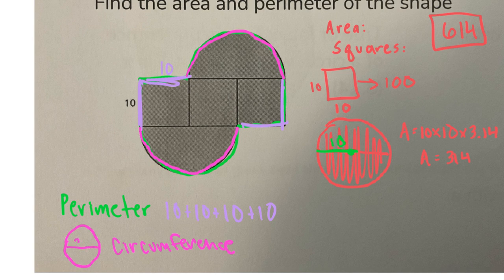If the radius is 10, our diameter is just double that, 20, and we've got 20 times pi. So our total perimeter is the 40 of the squares plus the circumference of the circle, which is 62.8, and that gives us 102.8. There we go. There is the area and the perimeter of that really weird shape.